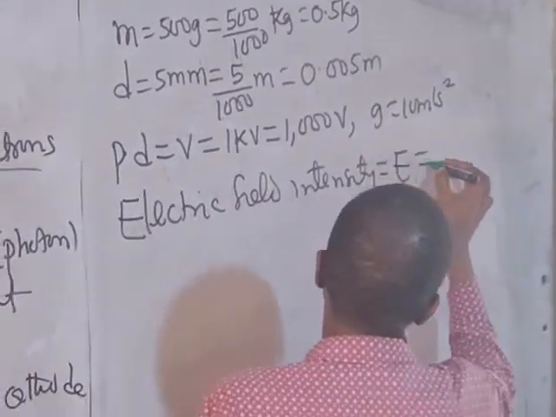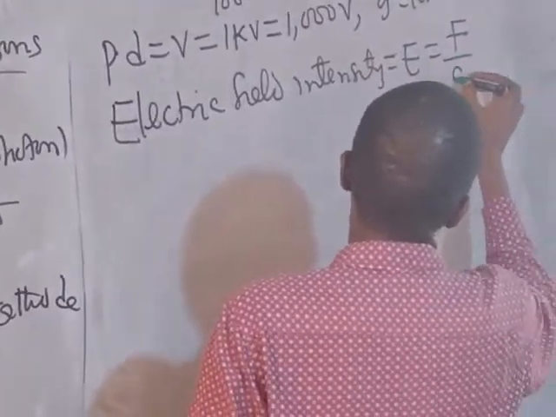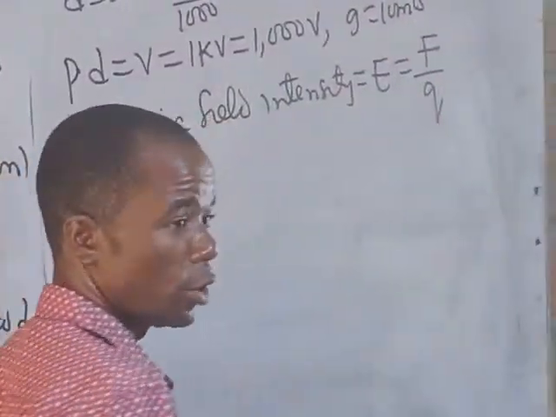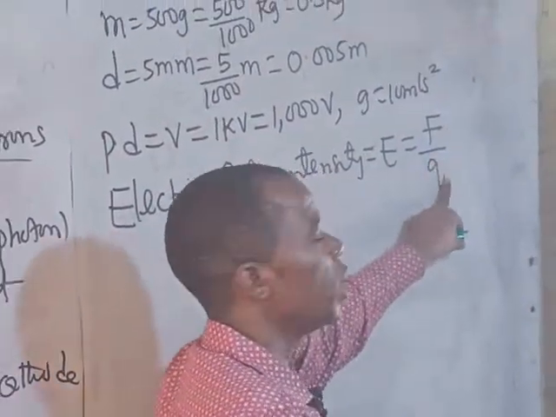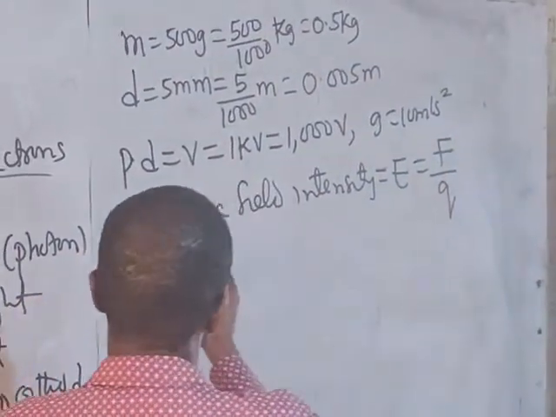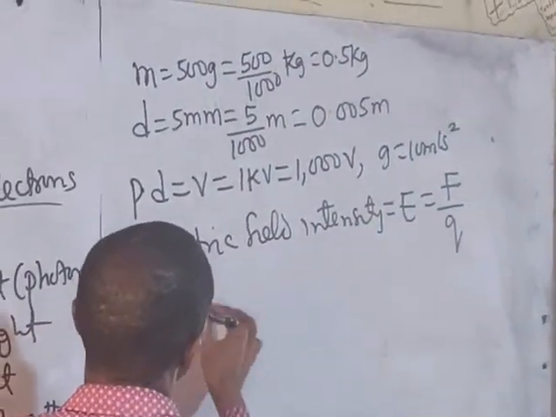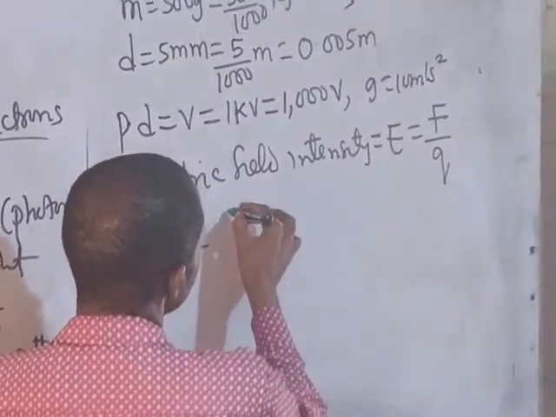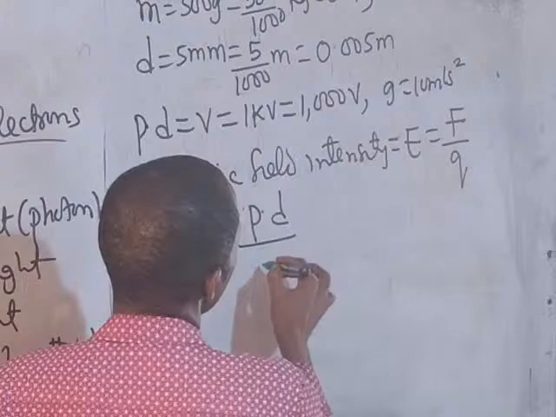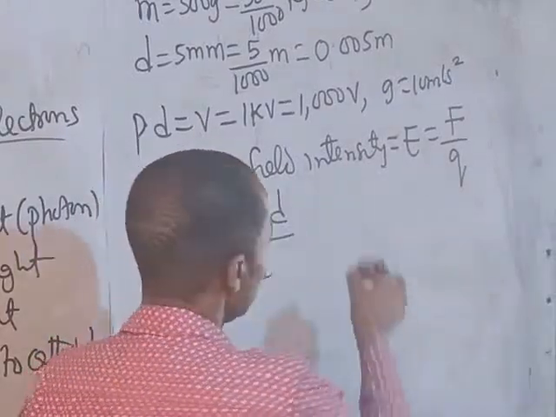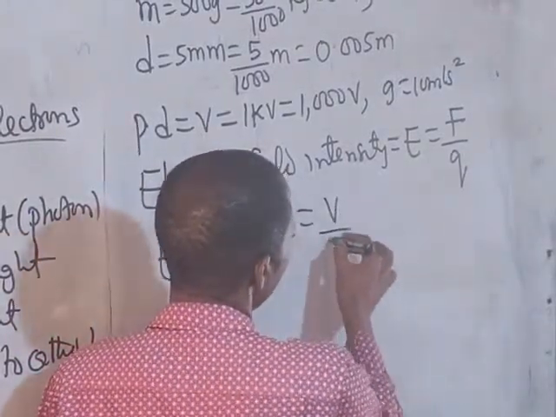It's either you say E is equal to what? F all over Q, which is the charge. We all know that electric field intensity is the ratio of the force to that particular charge. Not only that, electric field intensity is also equal to the potential difference V all over the distance, which is going to be V all over D.